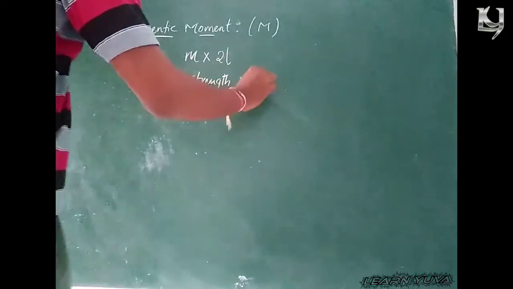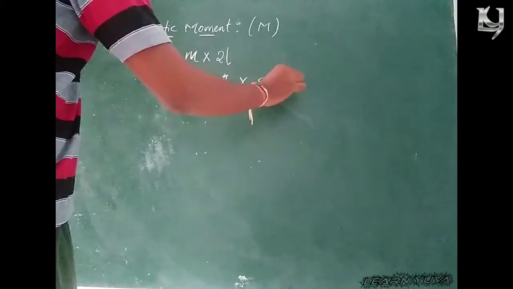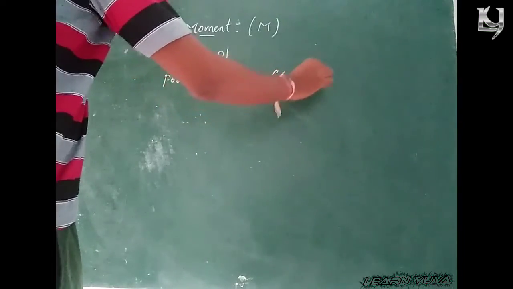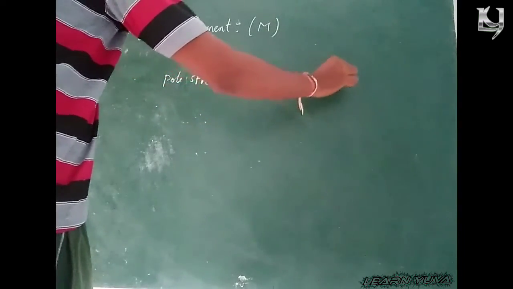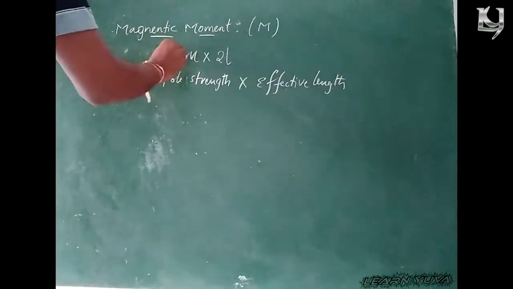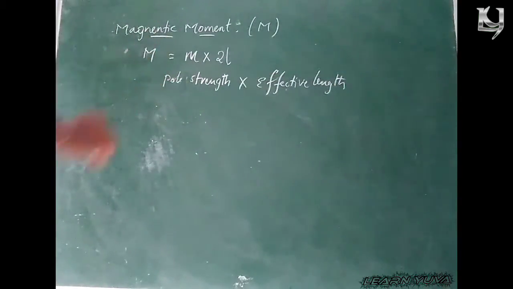Magnetic moment is denoted by the letter capital M. So magnetic moment, capital M, is equal to small m into L.